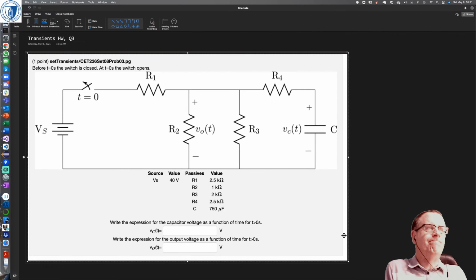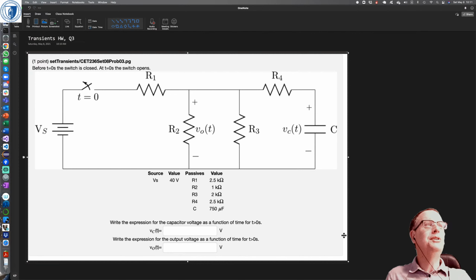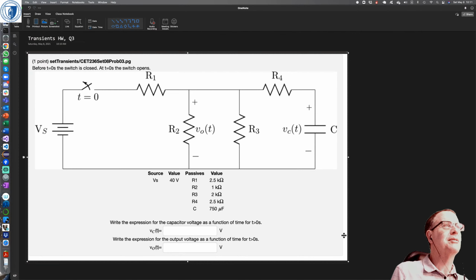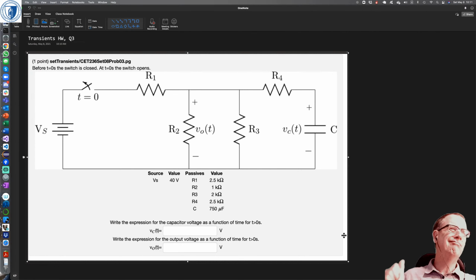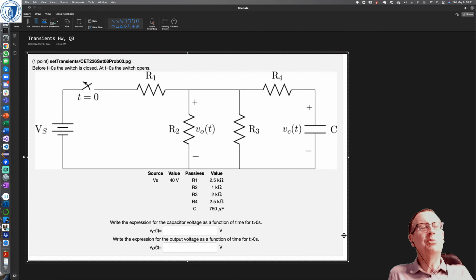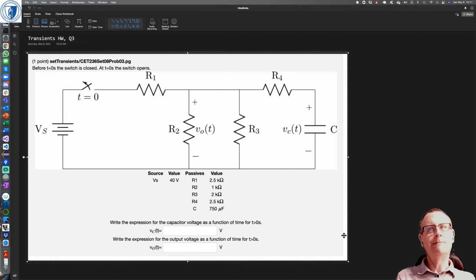Okay, so it's a transient problem, right? And that means we've got to find the initial conditions and we've got to find the final condition. So time minus infinity, or just before 0 usually, and then time plus infinity.